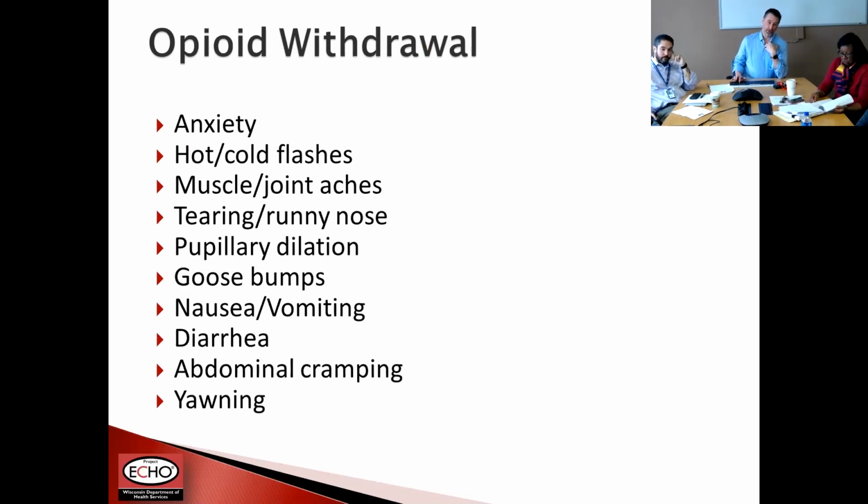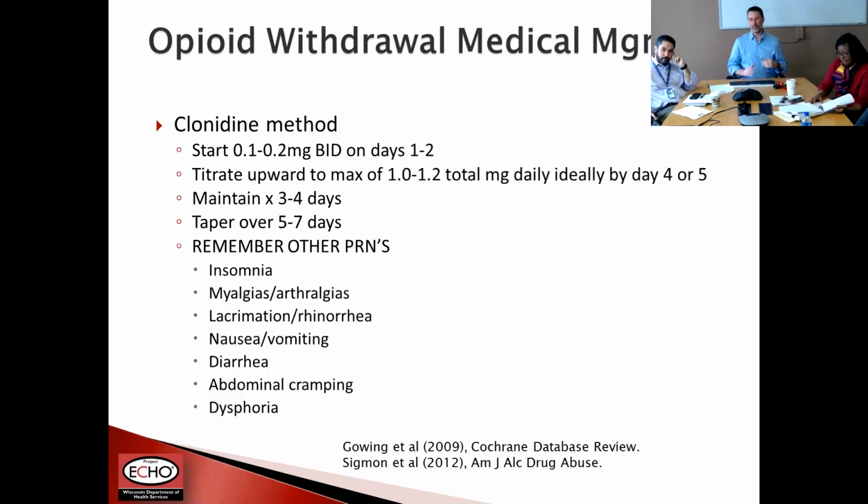And the duration can vary a bit depending on the opioid that you're talking about, whether it's shorter acting or longer acting. This is important to know in the setting of managing opioid use disorder with a plan that involves an opioid antagonist, because patients are going to need to go through some period of withdrawal in order to get to the opioid antagonist.